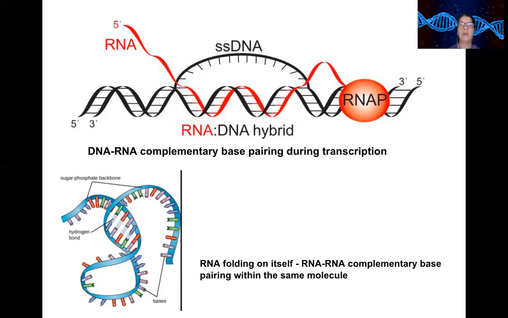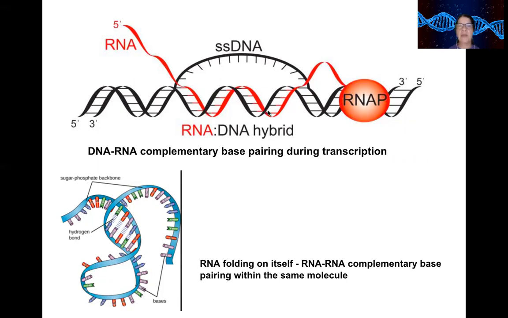It does so using the base pairing rule, using complementary bases. And there is an RNA-DNA hybrid, a double-stranded molecule composed of 1 strand of DNA and 1 strand of RNA, temporarily formed so that the RNA molecule can be made.